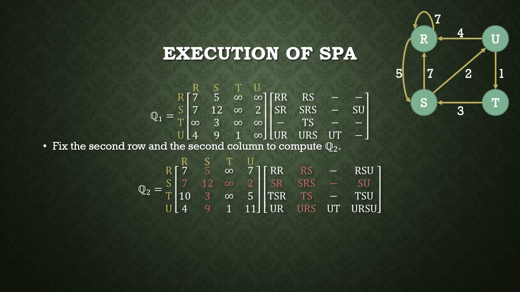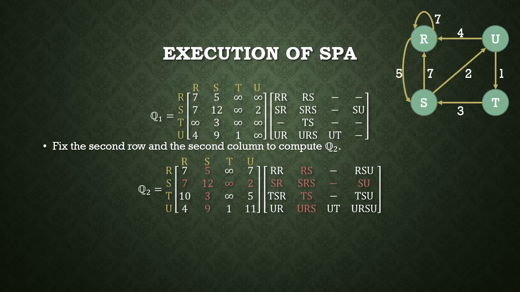TS and SU, drop the repeating S. For 5, the resulting path is TSU. Begins with T, ends at U. This completes our row for T.